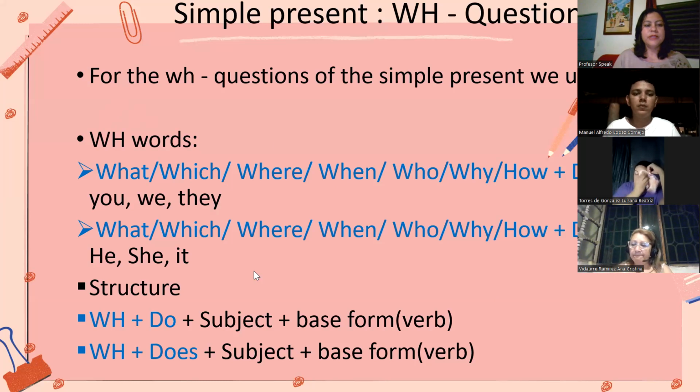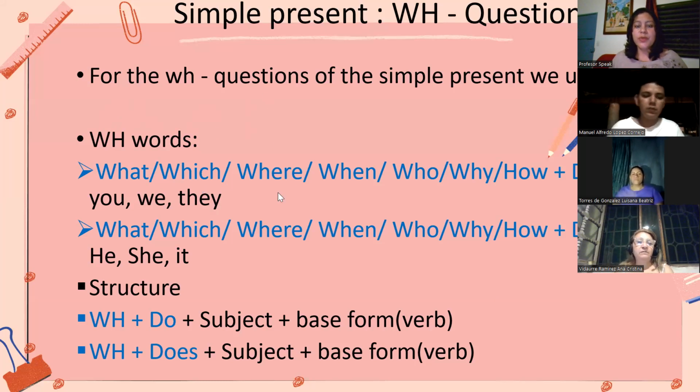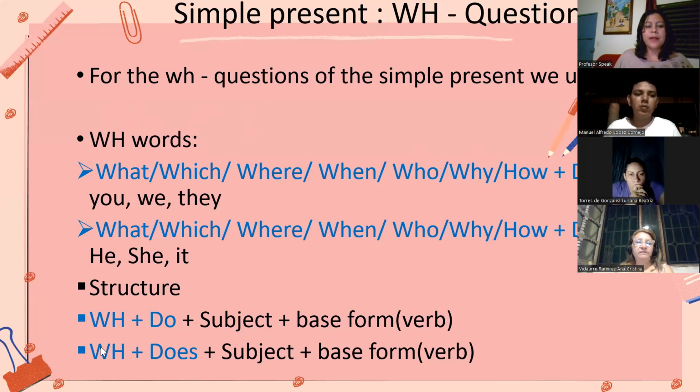Okay. So here we have the WH. Remember that we were saying WH, we have what, which, where, when, who, why, how. And we use the WH plus the auxiliary do, the subject and the verb in the base form. Or WH, does, and subject on the base form.